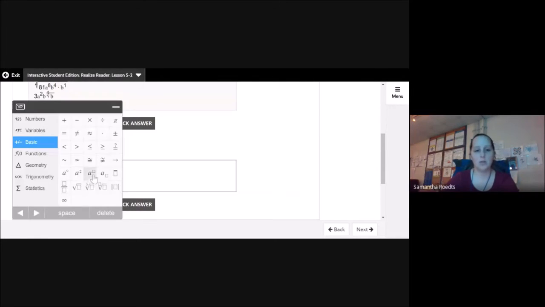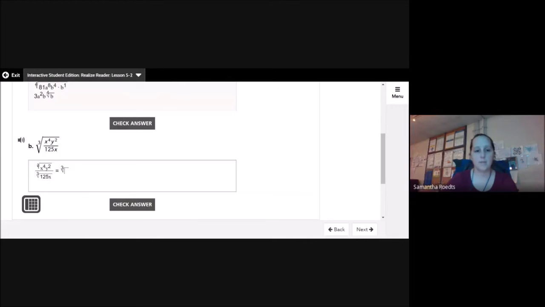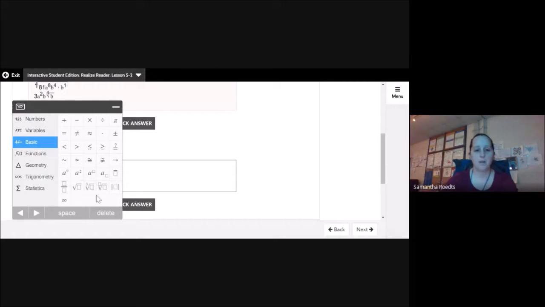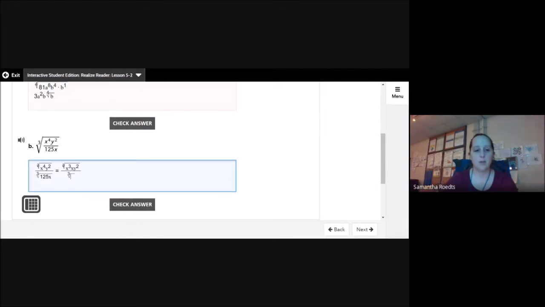Okay, so that equals the cube root of x to the third x y squared over 125 is a cube root, so 125 times x, okay?